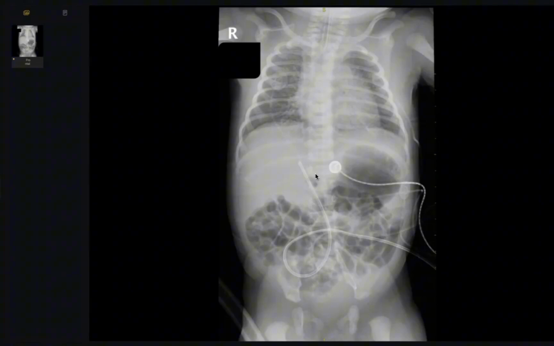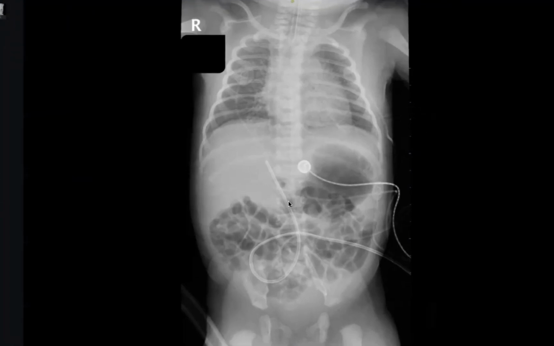Is this an umbilical artery or vein catheter? It's an umbilical venous catheter, because this is the umbilical artery, this one, with a very subtle downward loop.